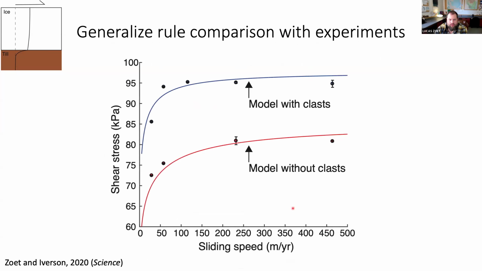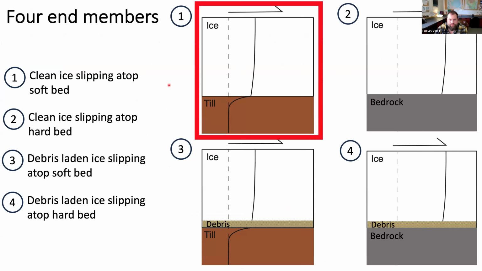And so when we use that simple model, or parameterization, like I showed in that previous slide, to predict what we would get from the experiments, it does a pretty good job, right? So this is one model compared to the experiment points without clasts, and this is another version of it compared to the experiments with clasts.